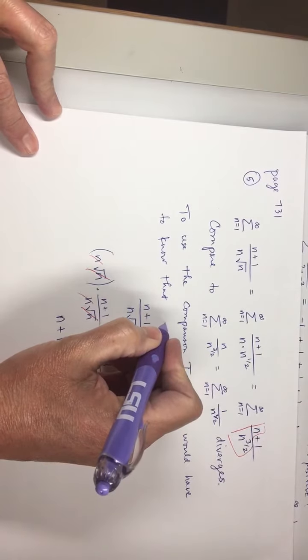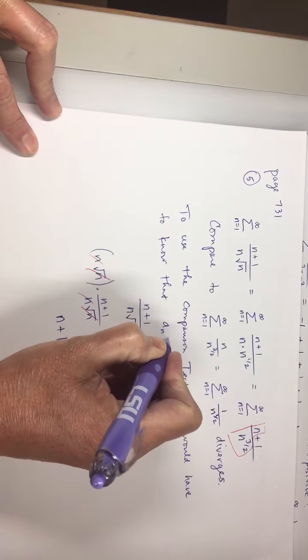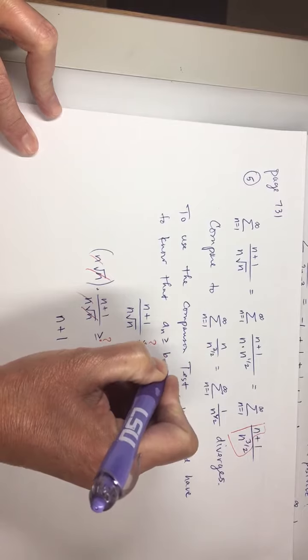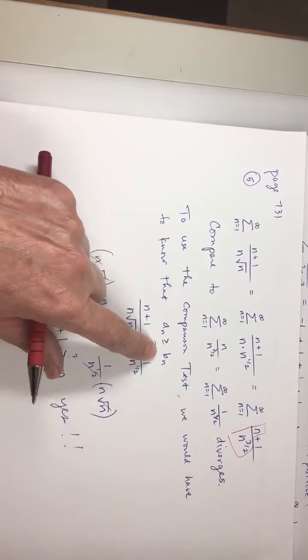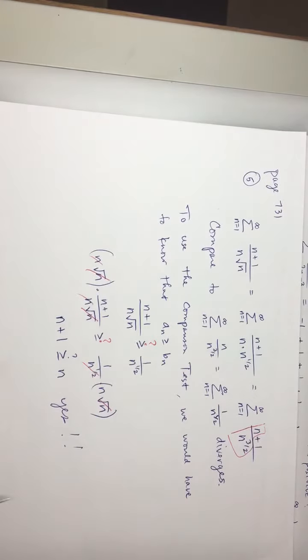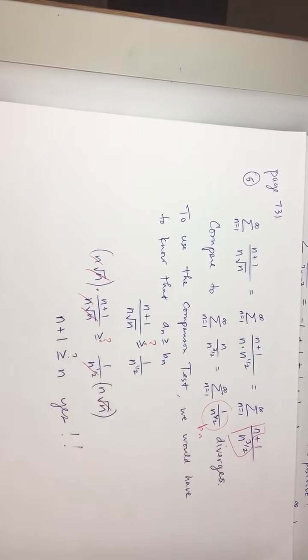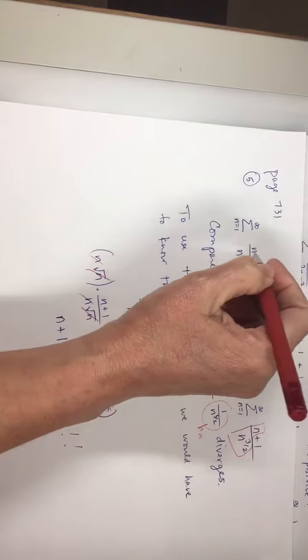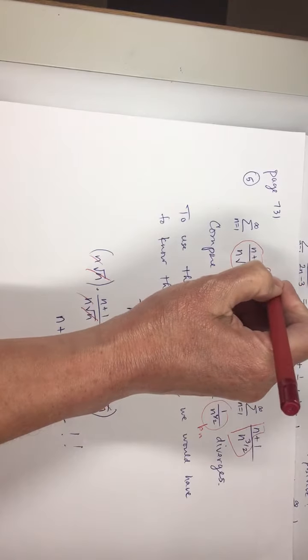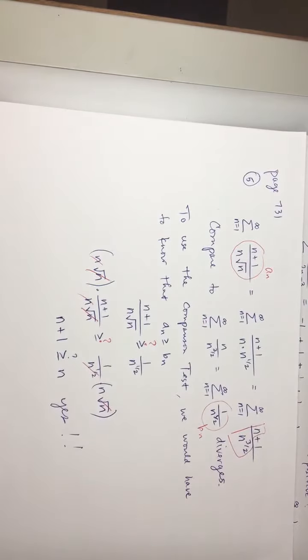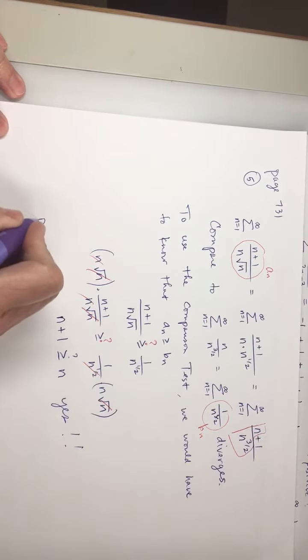Here, I'm going to put this up here at the top. That's what I'm looking for. And I called this one B sub n, the sequence part of that one is B sub n. The sequence part of this one is A sub n. I got the inequality, so I can say this.